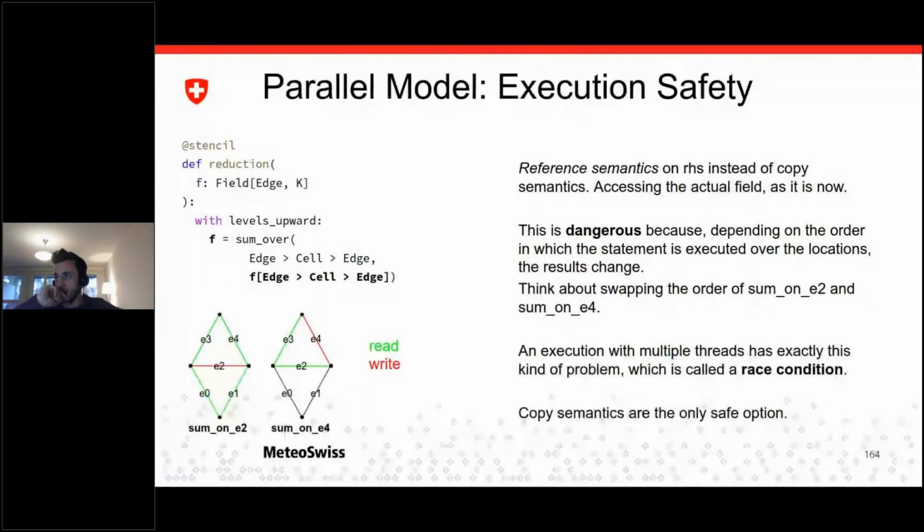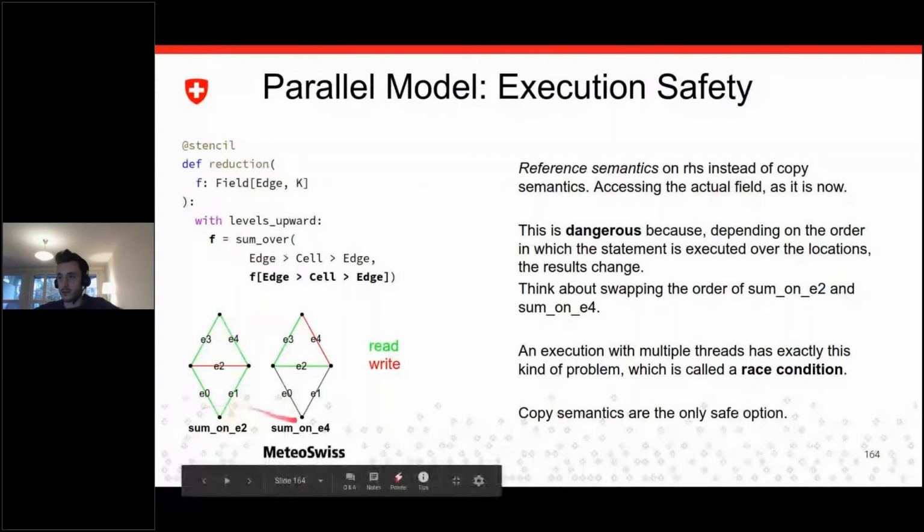So let's now try to relax another part of the parallel model, which is the copy semantics. What if we instead assume reference semantics? Meaning that when you access your field, maybe inside a reduction, you are accessing the actual field as it is now in memory. And this leads to dangerous code, because your outputs change depending on in which order the statement is executed over the domain.